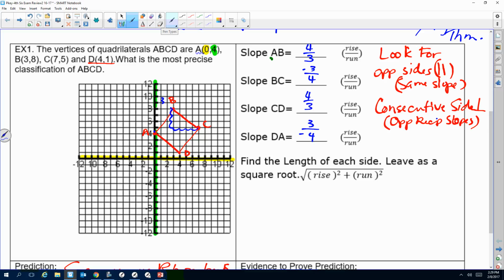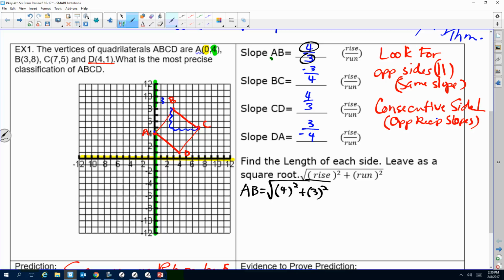After our slopes, we're going to find the lengths of each side and leave as a square root, or if it can be simplified into a perfect square, write the perfect square answer. So I'm going to start off from A to B, okay? If I look at AB, inside my radical, I'm just using my numbers. My rise, which was my 4, so parentheses 4 squared, plus my run, parentheses 3 squared.